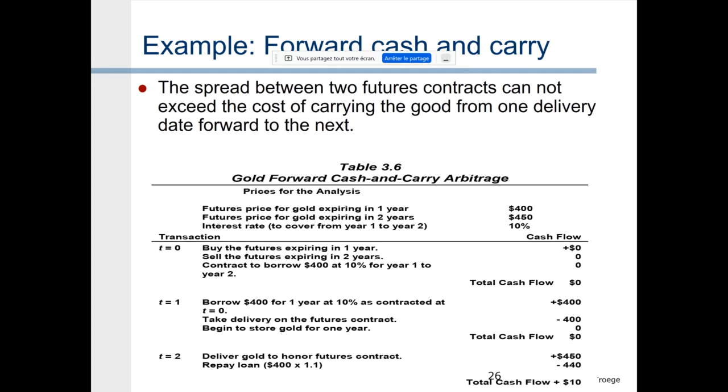We enter a forward rate agreement to borrow at a 10% interest rate. So at time 0, as usual, there's no cash flow, no net cash being exchanged. I just enter in a series of contracts. Of course, I have to deposit a margin in real life, but that I will get back.